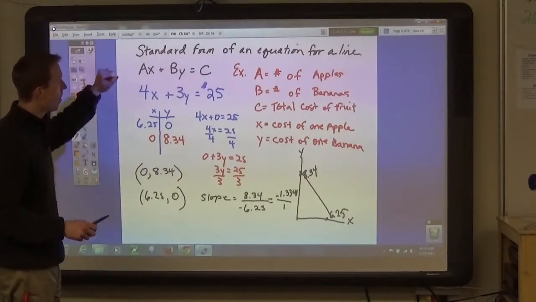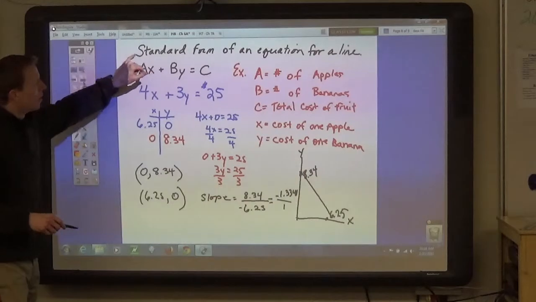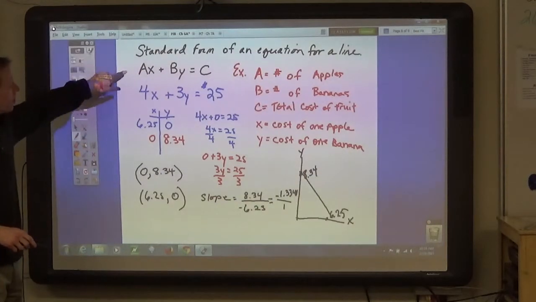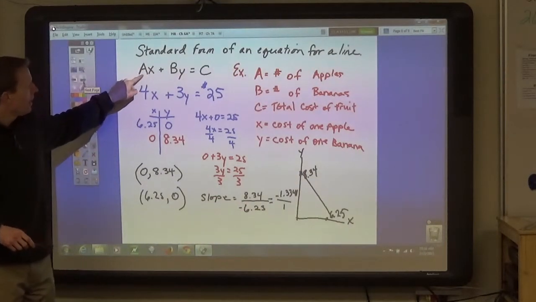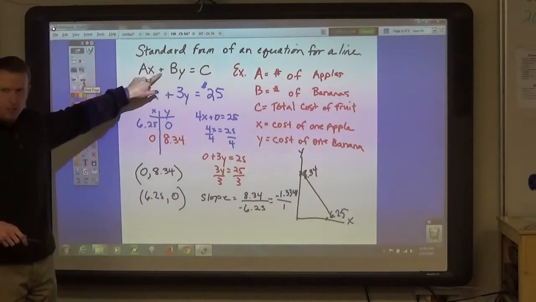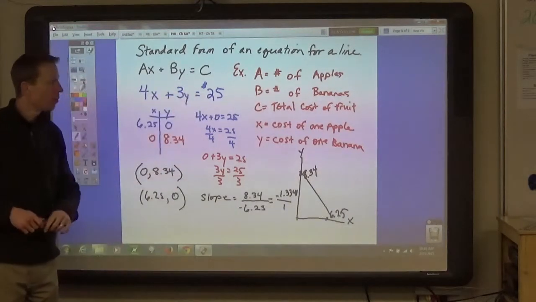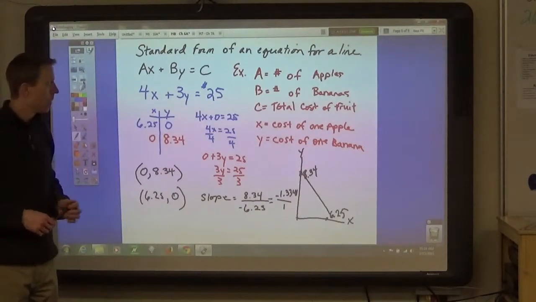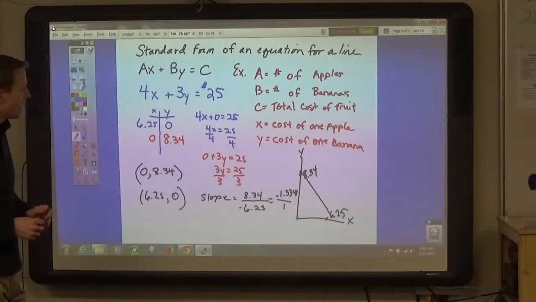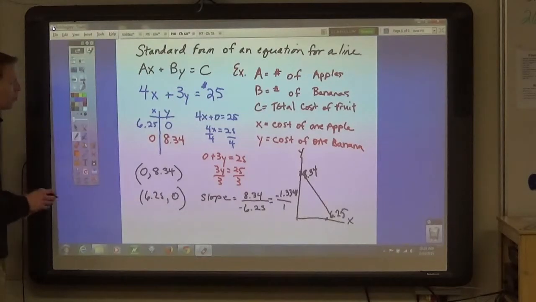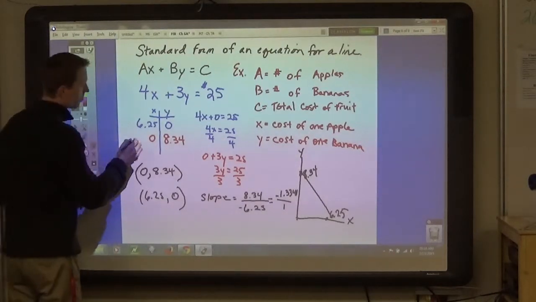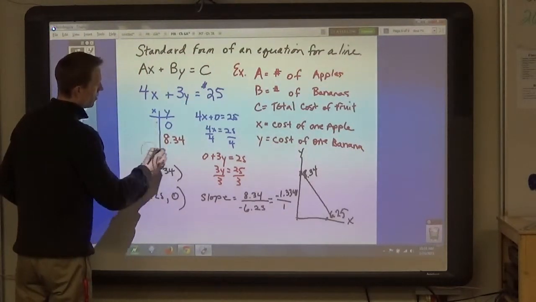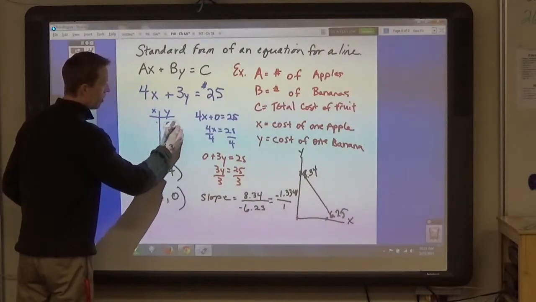Look at these notes. A standard form equation looks like this. AX plus BY equals C. So I'll take you through these numbers here.